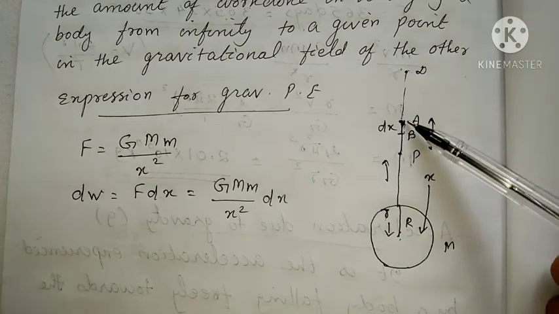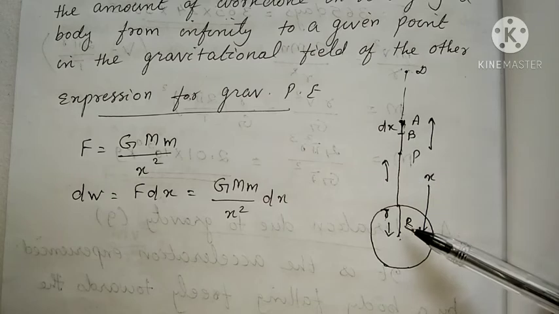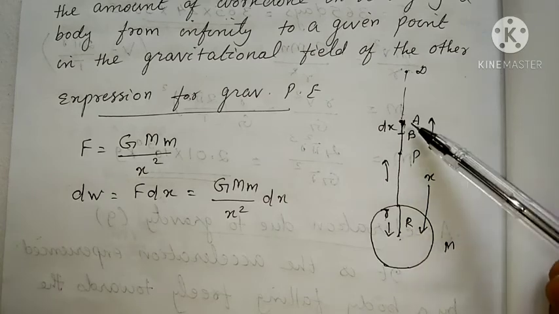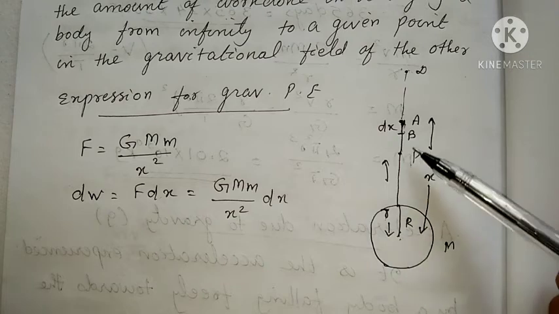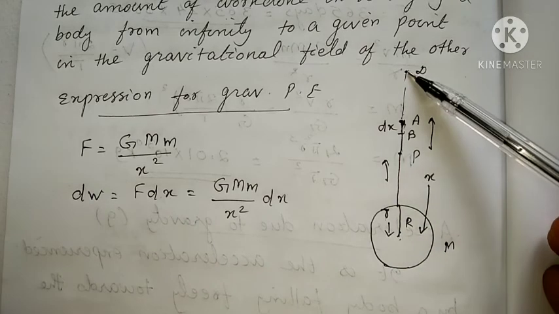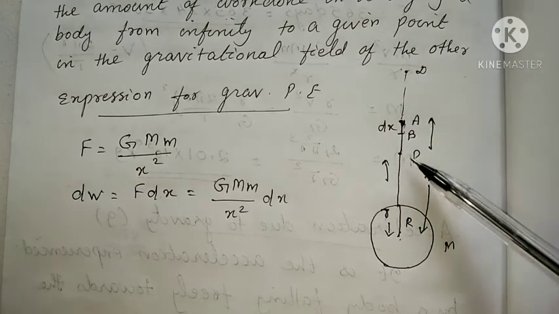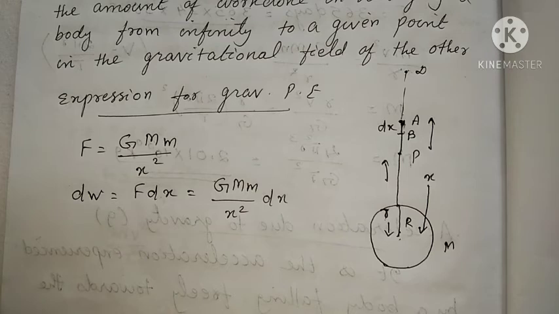The force between the body and the earth is not constant, so it is a variable one. So, the work done is also different. To calculate the total work done in bringing the body from infinity to the point B, we should apply integration.